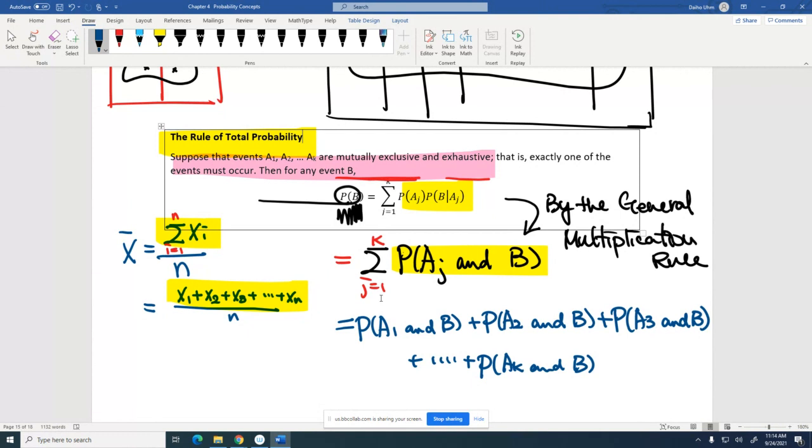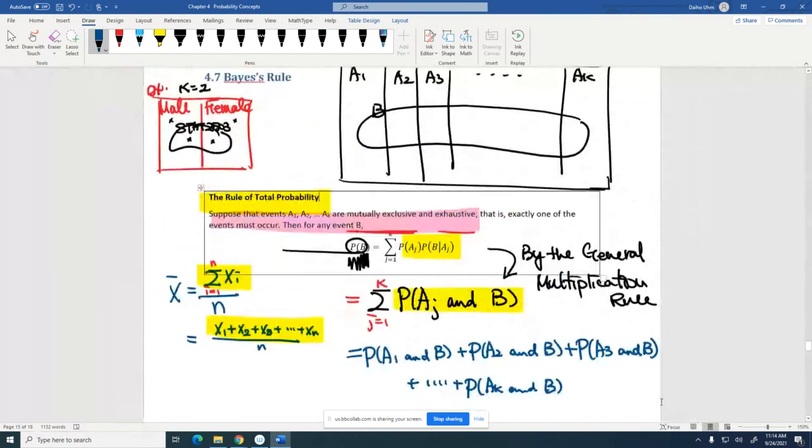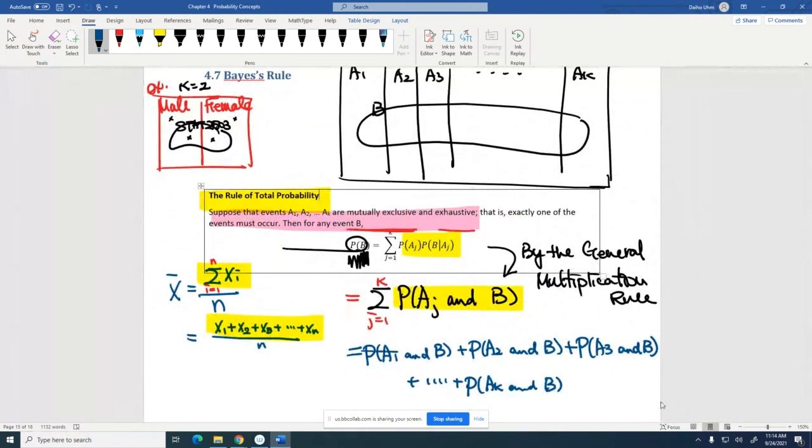So now let me think one by one. The very first one, A1 and B. Sorry, just a second.